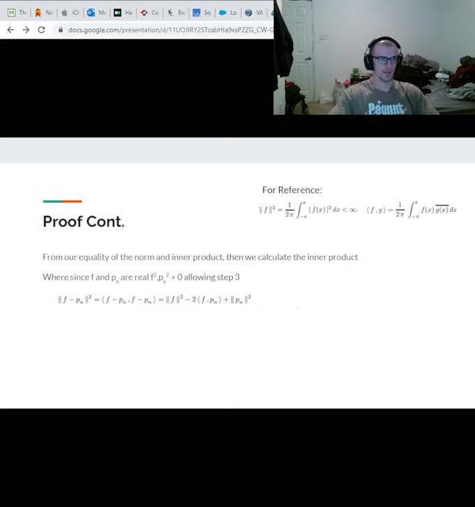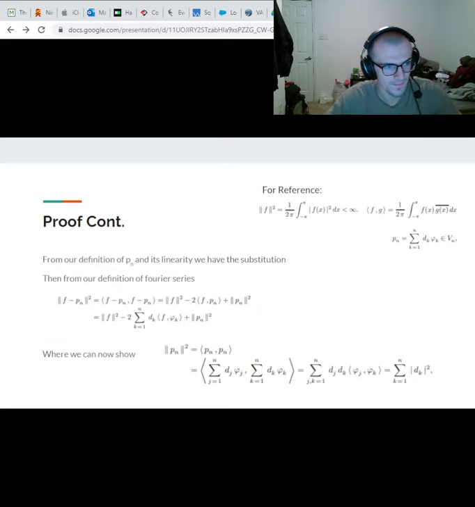And then up at the top, we have references of the definition of the inner product and the norm. And you can see how those similarities can collapse, and you can follow along.